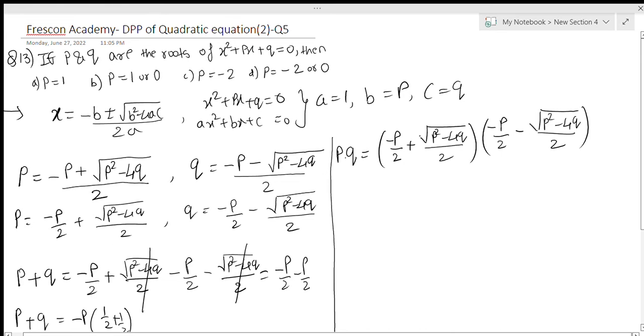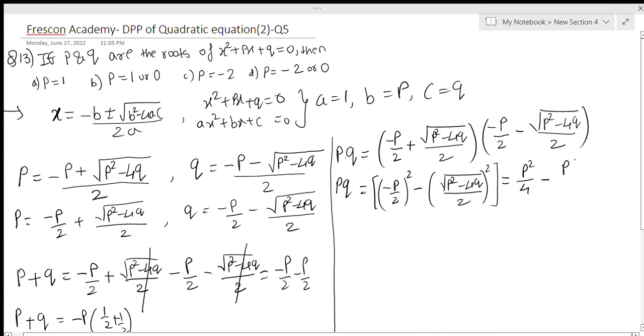If you see clearly, this complete expression is in the form of a plus b into a minus b, which will give me a square minus b square, that is minus p by 2 whole square minus under root p square minus 4q upon 2 whole square, which will give me p square by 4 minus p square minus 4q upon 4. The square and root will be cancelled out.